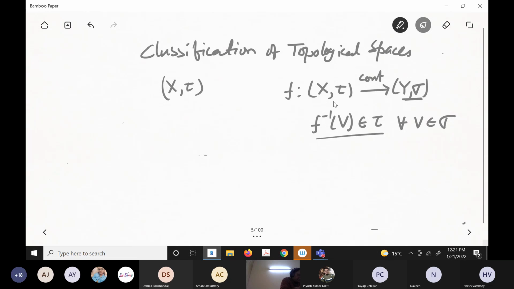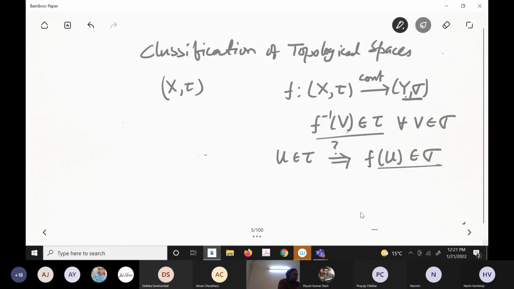What about the other direction? Suppose U belongs to tau; it need not be true that f(U) belongs to sigma. Now this is the actual opposite direction, the reverse direction I'm taking. The inverse image of an open set is open here. Here the image of an open set in X is open in Y.